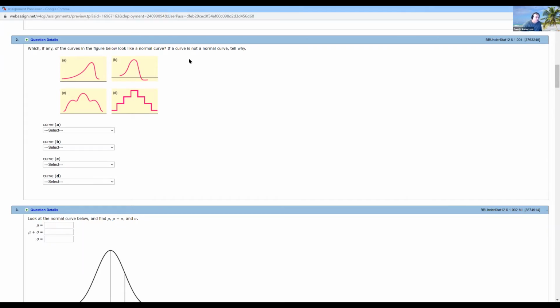What's wrong with this one? It doesn't necessarily have a name, but what's wrong with it? Goes into the negative. That would work. Would you also agree that it is not symmetric? Right.